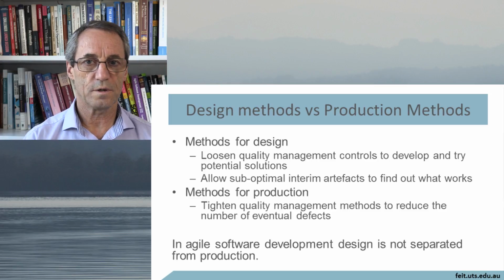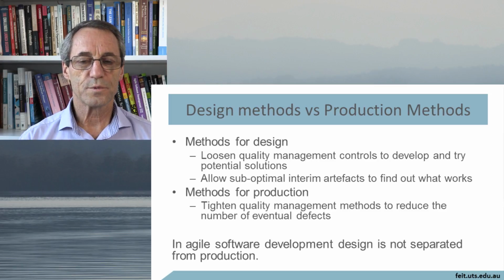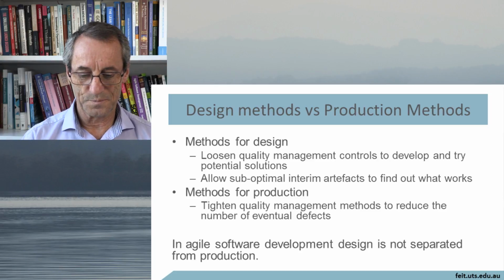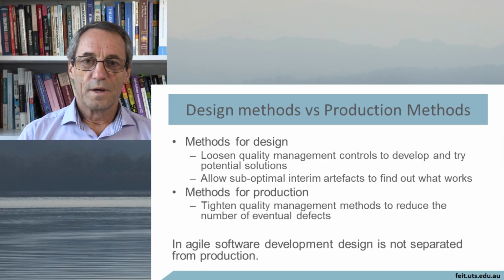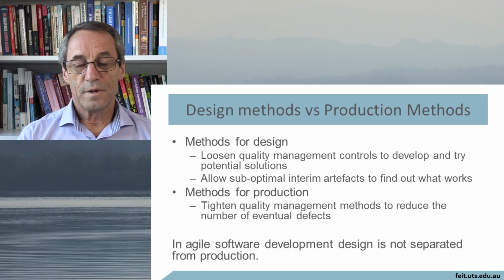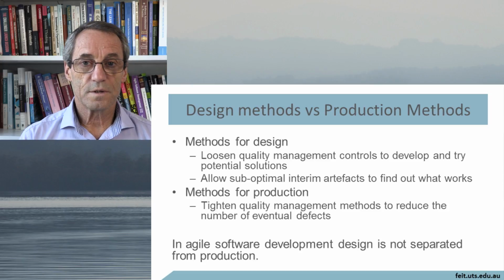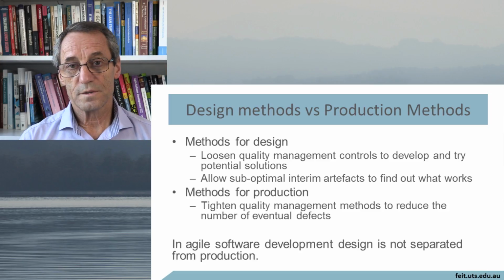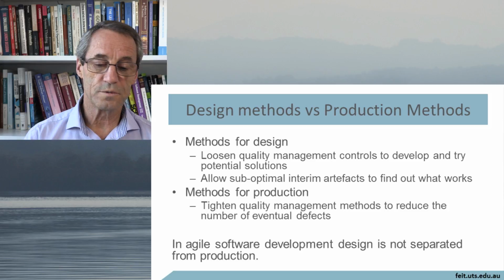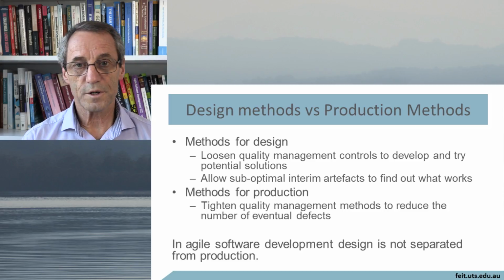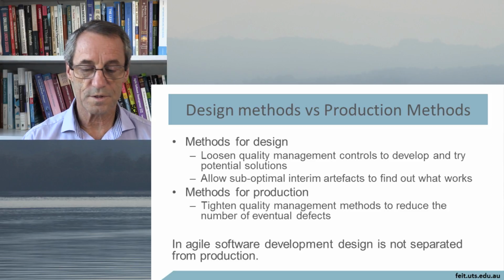For production, you tighten up the controls. Now, that's really hard to do in one software development project, particularly in Agile software development, where the design and production are not distinct and separated. In any one sprint, you'll get an element of design and an element of production all at pretty much the same time.